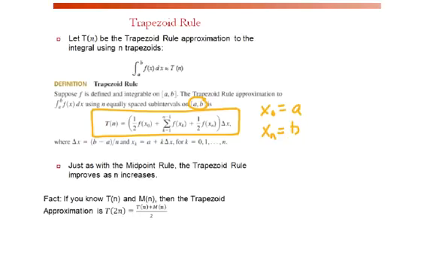And again, delta x is b minus a over n, and as n increases, your approximation is going to improve. So here is the trapezoid rule.